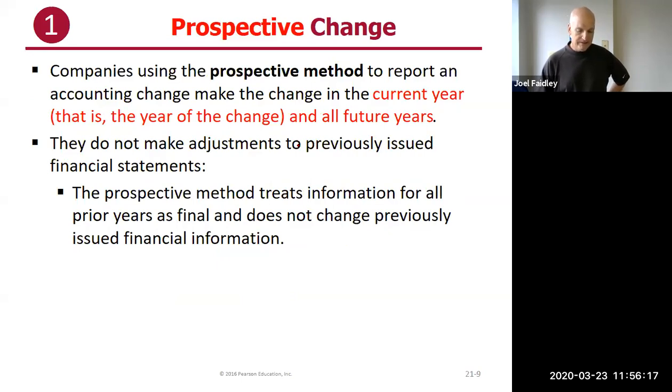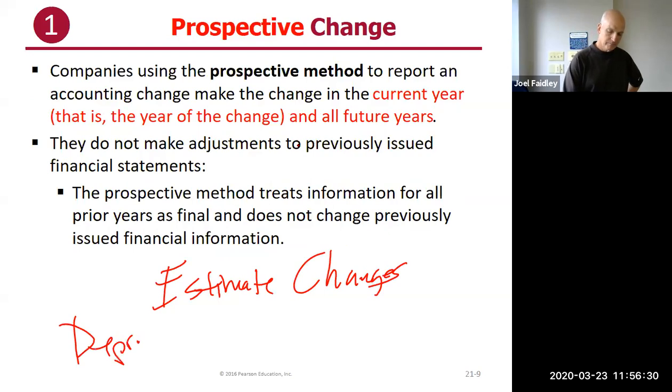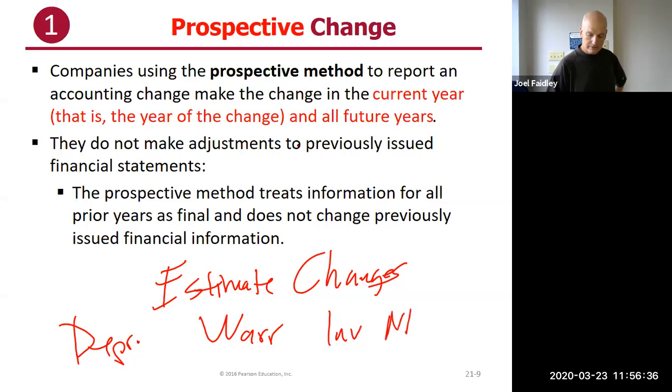Prospective is when we're going to make it in the year of change and forward. Again, that is for estimate changes. You know, I used the example of depreciation, but what are some others? What about warranty? You already had warranties. What about your inventory? Net realizable value, your allowance account, allowance for bad debts.